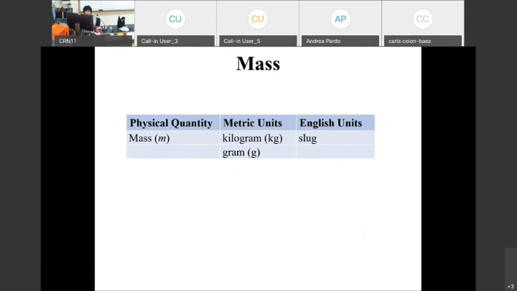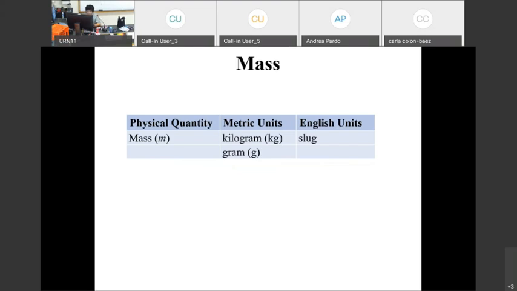Who can tell me what's the difference between mass and weight? Does anybody know? Well, if you guys did chemistry before, you will know, but if you didn't, let's just say that mass is the amount of matter anything can have.